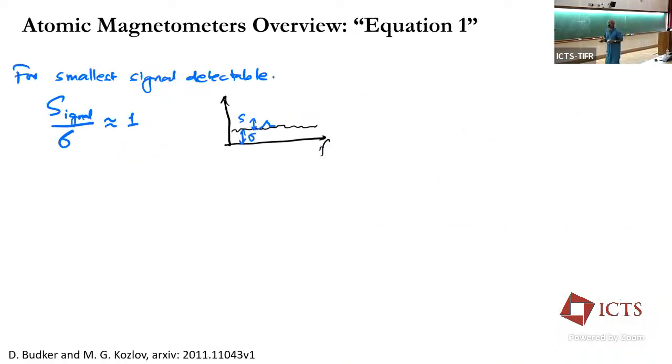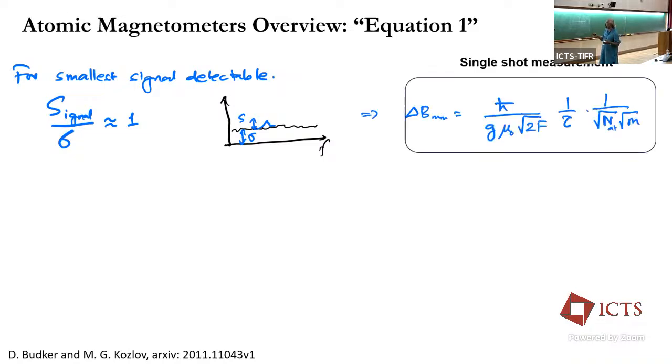So what is then the sensitivity? What is the smallest magnetic field we can see? That's set when the signal and noise are equal. This is what happens in the lab: the signal is trying to raise its head above the noise floor that you measure. When they are roughly equal, the signal gets buried in the noise.